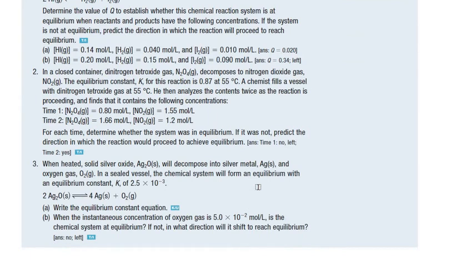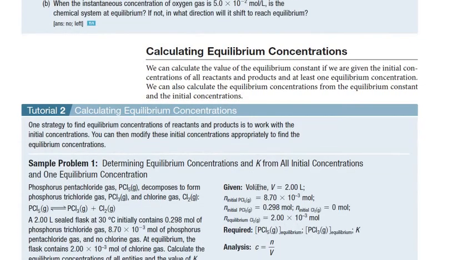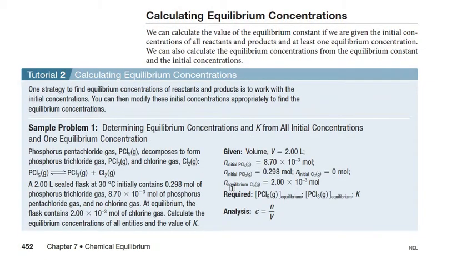These are the practice questions. Let's pass this one. Now, calculating equilibrium concentrations. We can calculate the value of the equilibrium constant if we are given the initial concentrations of all reactants and products and at least one equilibrium concentration.